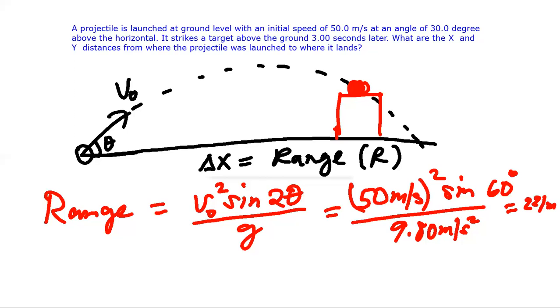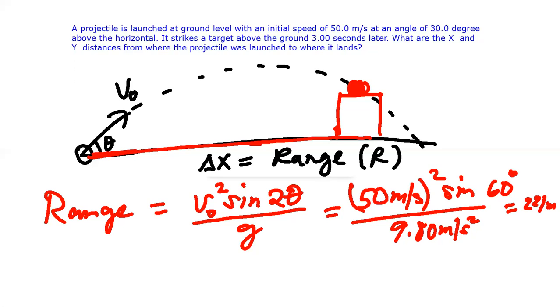Then even though the x distance is still from here to here, the range will actually be from here to there. Does that make sense? Yeah. I just wanted to point that out. So x may be different from the range in some cases if the projectile doesn't land on the same level from which it was launched.